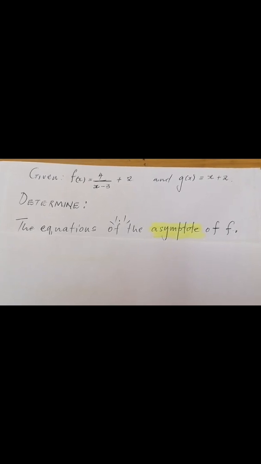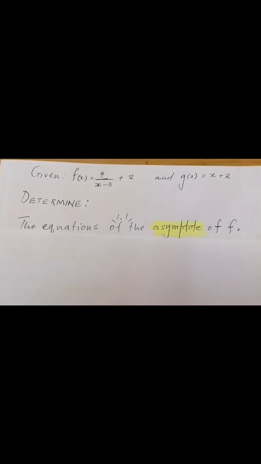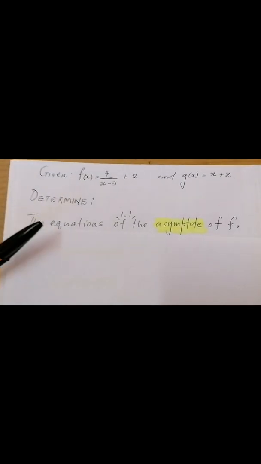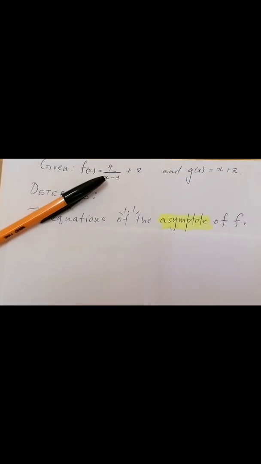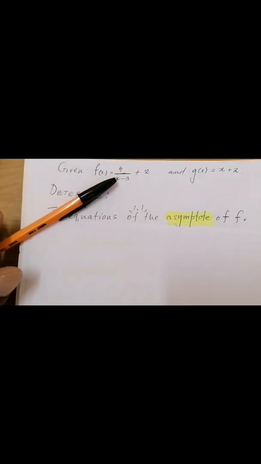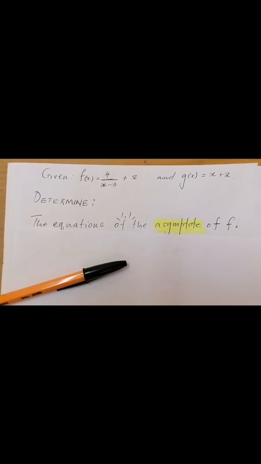It is because your graph is not allowed to be that particular value. In this case, our graph is not allowed to be equal to 3, because if it is equal to 3, we will get an undefined situation.